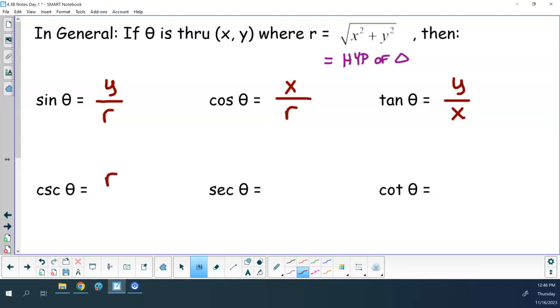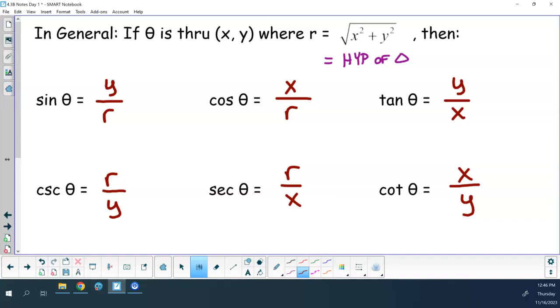These then would just be their reciprocals. And with all of those, your signs, your positivities, come into play. If it's negative, like we had -5, 12, the -5 came into play for an x value.